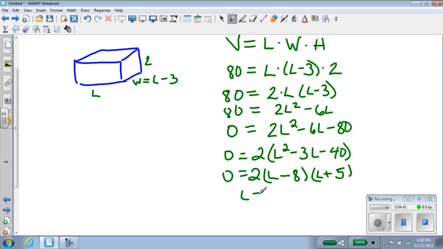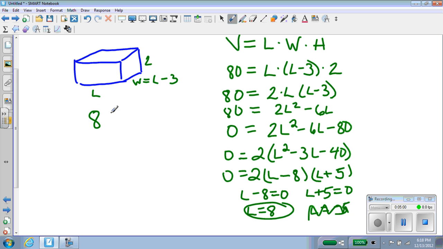L minus 8 equals 0 would give us a length of 8. L plus 5 equals 0 would give us a length of negative 5. That doesn't make any sense. The length must be 8. The width must be 5, and the height 2. 8 times 5 is 40, times 2 is 80. That works.